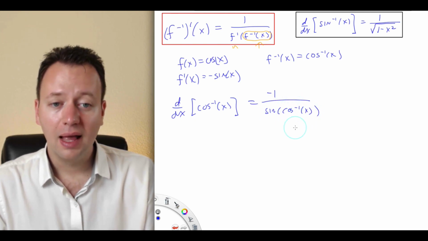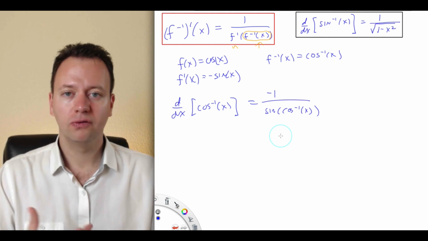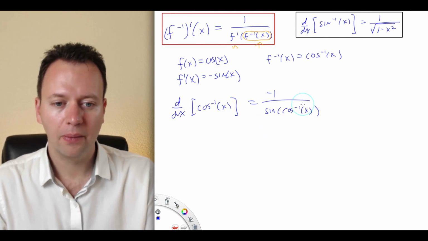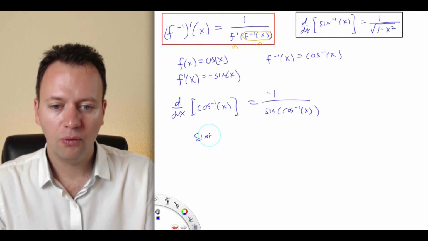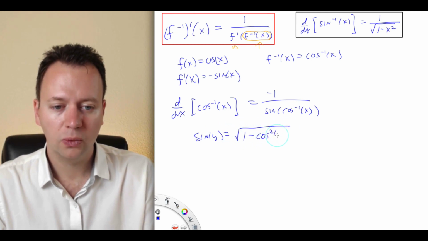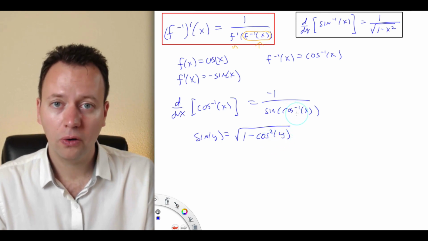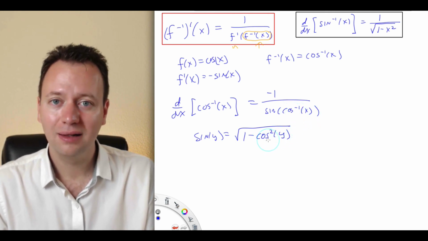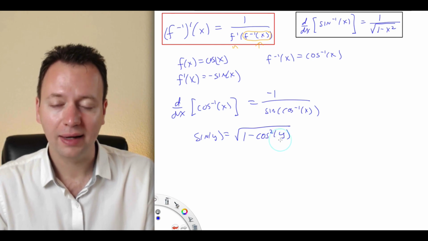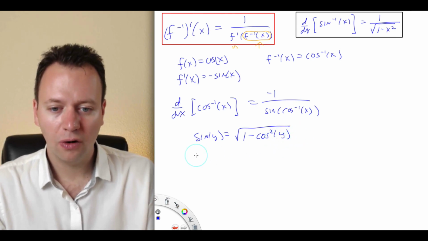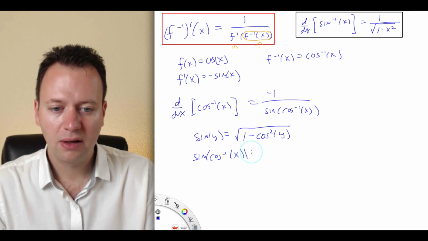Now we can apply the same sort of trick to simplify this further. So sine of y is equal to the square root of 1 minus cosine squared of y. Now when I replace y with arc cosine of x, cosine of arc cosine of x is just x, so therefore sine of arc cosine of x just becomes the square root of 1 minus x squared.